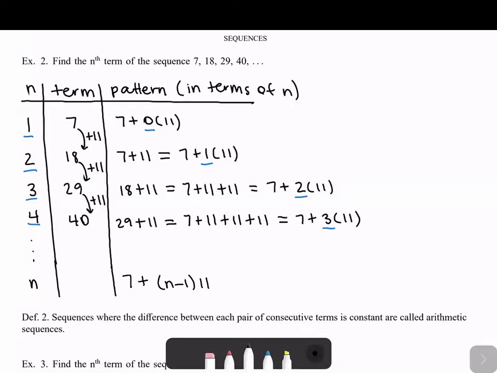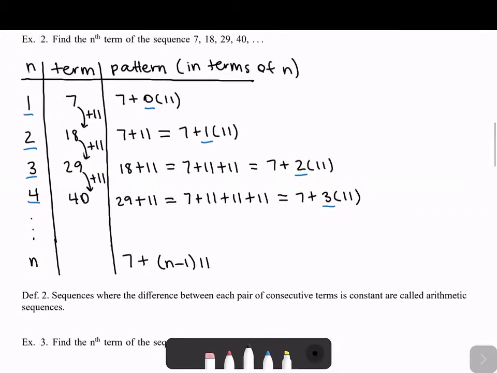Any sequence like this, where the difference between the terms is some constant value, so we either add or subtract a fixed number to each of our terms, is going to be called an arithmetic sequence. And these are always going to have this form.